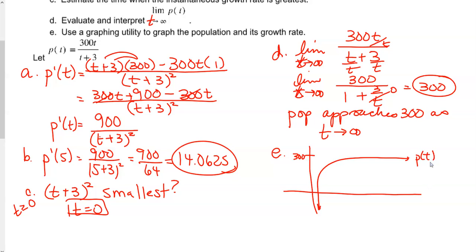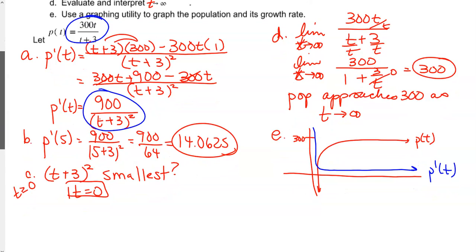And then if I were to graph the rate, which is this guy right here, it's actually a decreasing function. It ends up decreasing and going in this direction. So this is P prime of t. You can actually practice that. Under Desmos, again, you would put in your derivative, and you would also put in the original function as well to get that graph. Okay?